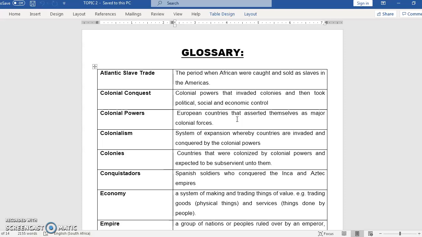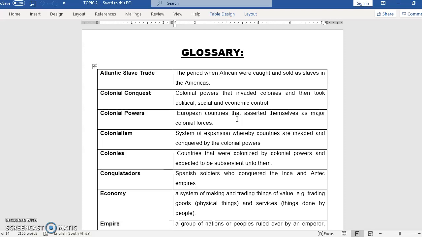It basically means that these people had to listen to what the colonial powers said. They had no power over their own political, economic, and social situation. They had to follow whatever the colonial powers decided. So if the colonial powers decided your country was Christian, then too bad for you, your country is going to be Christian.